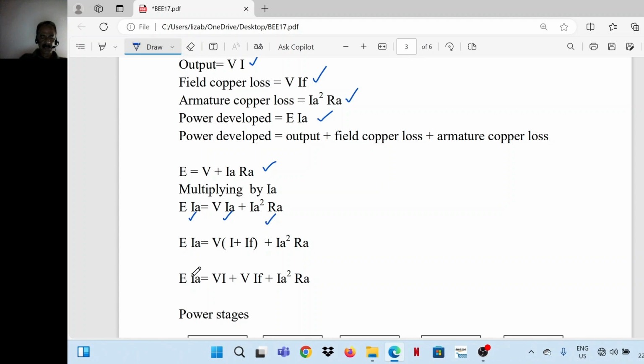Again, expand these terms. So that is E into IA is equal to VI plus V into IF plus IA square RA. So the electrical power developed by the generator is equal to output plus copper losses. Copper losses are field copper loss and armature copper loss.